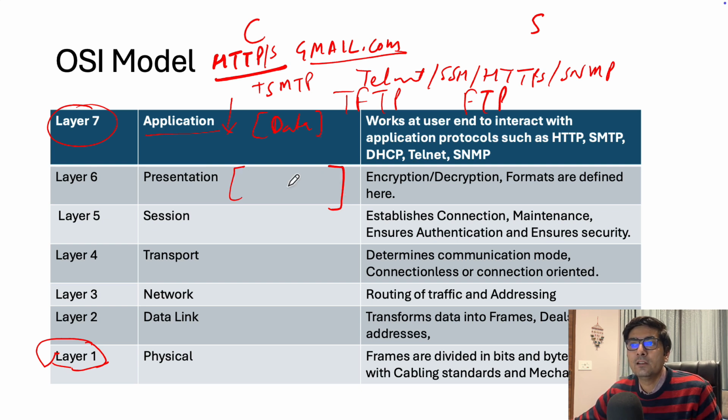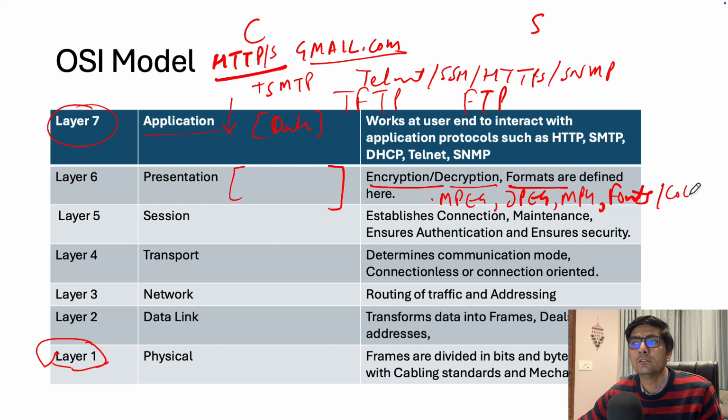So presentation layer takes care of the formats, encryption and decryption. So what are the formats? .mpeg, jpeg, mp4, your fonts, right? Your colors, designs, everything. Like sometimes you bold certain letters, you make certain words italic, underline. All of these are maintained by the presentation layer. Then traffic moves to session layer.